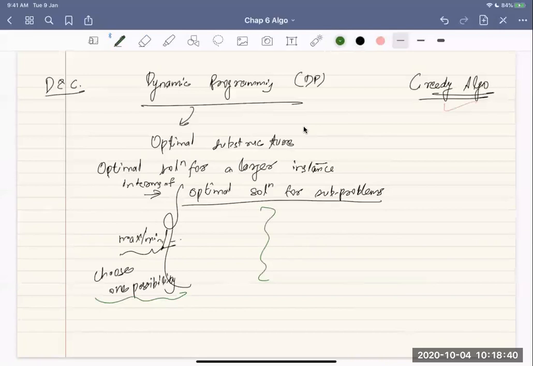Now what happens in a greedy algorithm? Again you are writing your optimal solution in terms of optimal solutions for subproblems. You can always think in that way, but while choosing, instead of computing all of these possibilities, you see if you can identify one choice, and that should be with some easily computable property.